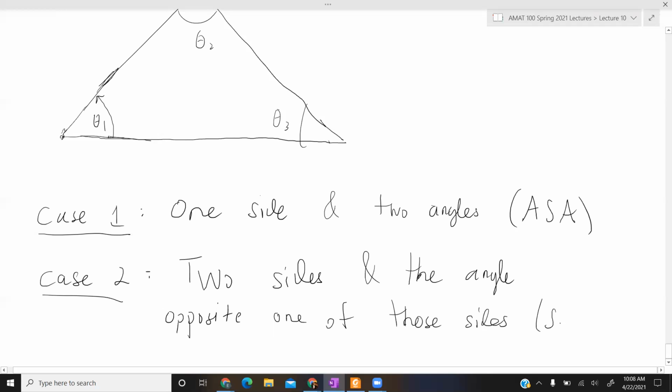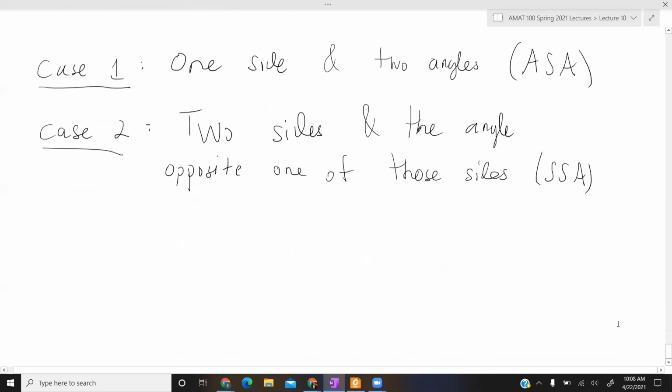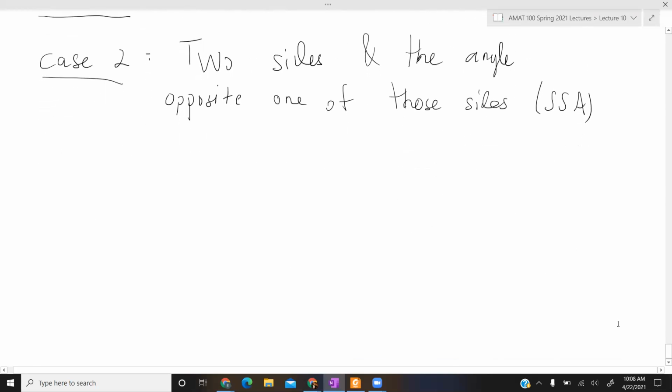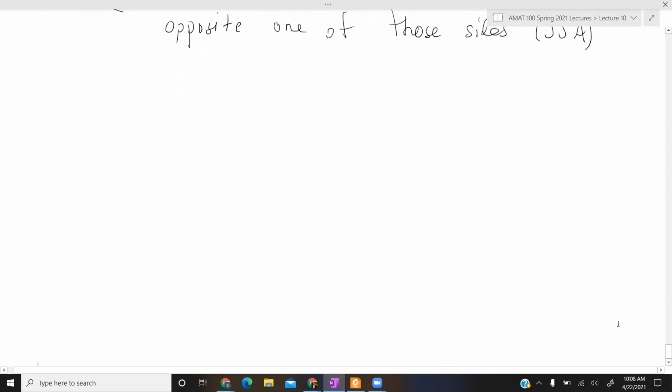So this is called the side-side angle case. So let's introduce the law of sines, which will help us solve or handle these cases.